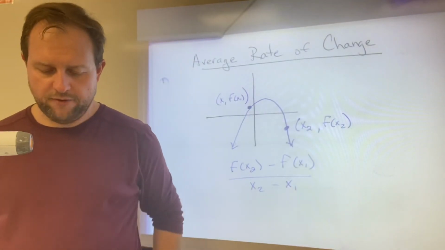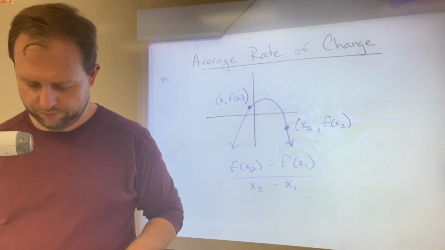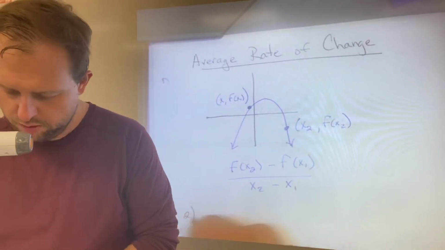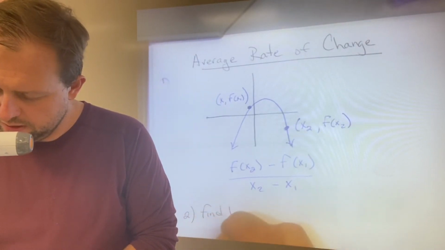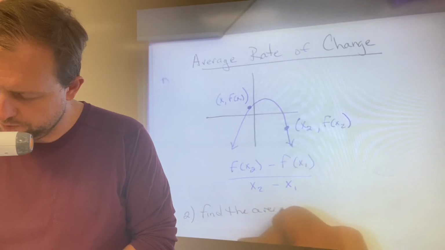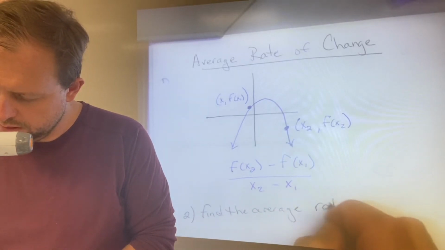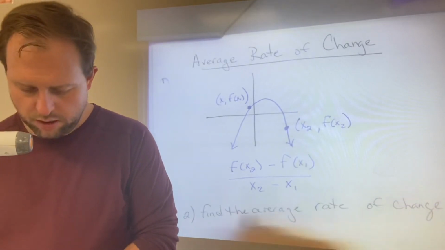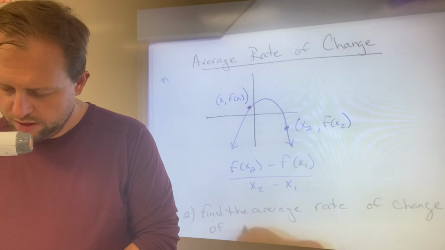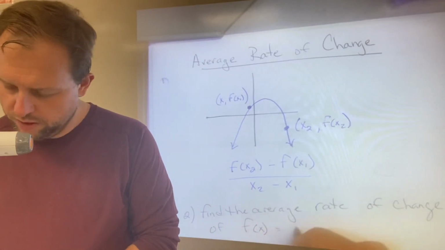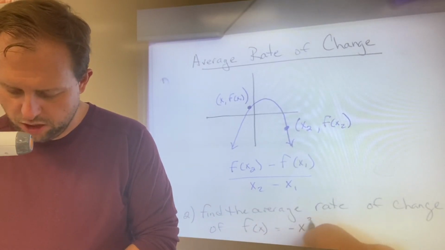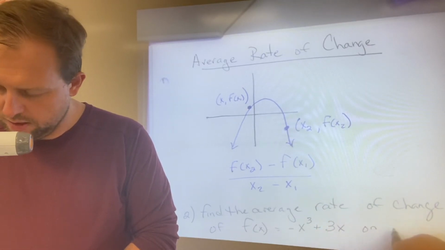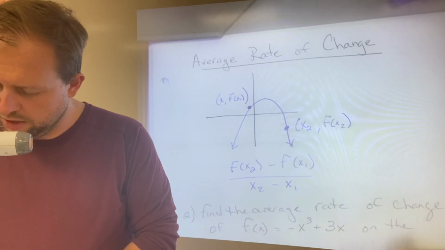So to find the average rate of change, and now we're going to be on problem 2, find the average rate of change of f of x equals negative x cubed plus 3x on the interval.